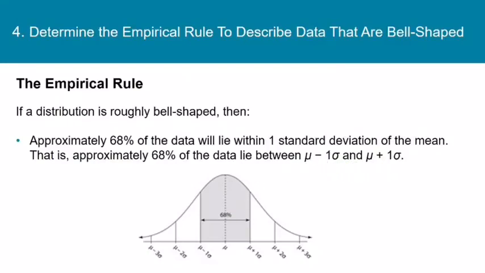Now I want you to take a good look at this curve before we get started with the empirical rule. You're going to need to be able to draw your own curves later on, so really think about how the curve is drawn and practice drawing it yourself. So what I always do is start by drawing a flat line, and then I draw the curve above it. Now let me tell you a little about this curve. This curve is meant to symbolize a bell-shaped histogram.